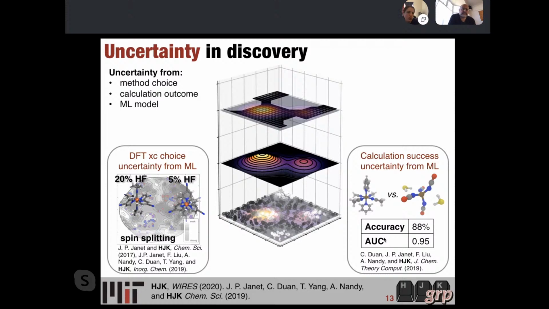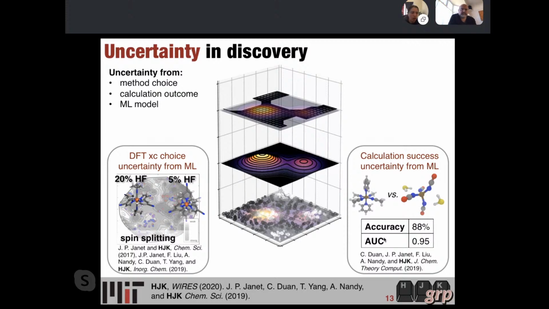Or if you go to something early or late, like chromium-3, which is d3, or cobalt-2, which is d7, those we only study low spin and intermediate spin, because it's basically impossible to make a high spin out of that. So I'd say what can be accessed, we're studying, and it's pretty diverse.